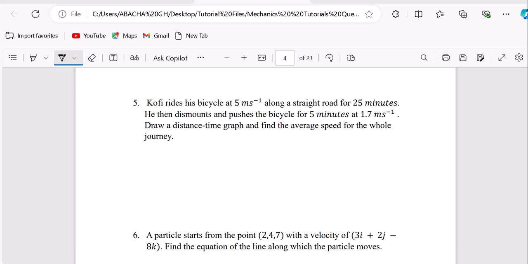And so what we have here is in minutes, but the speed of Kofi is given in seconds, so we simply have to convert those minutes to seconds. We need to know the distance for each speed too.